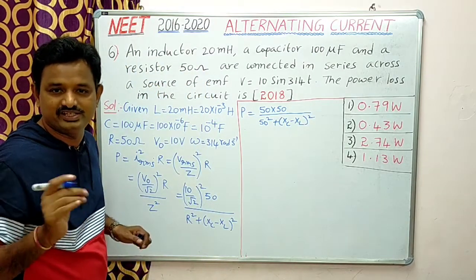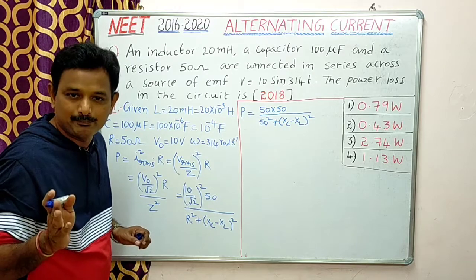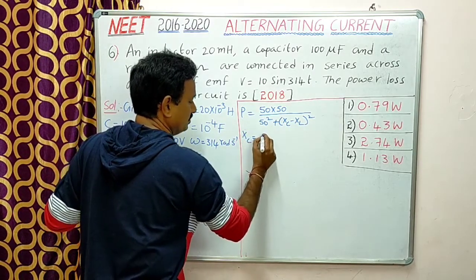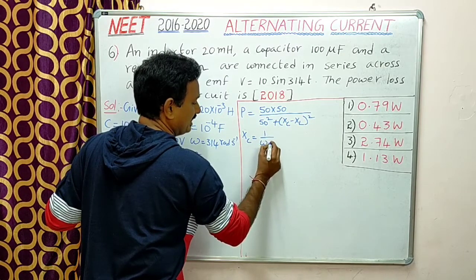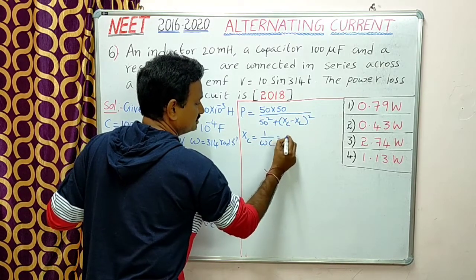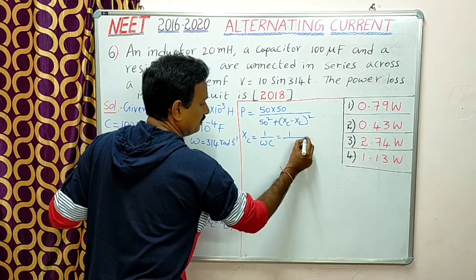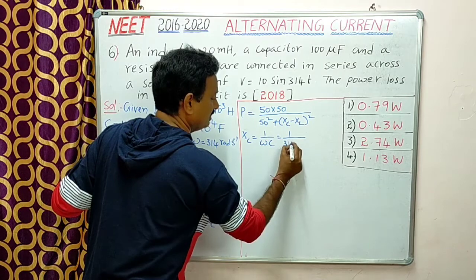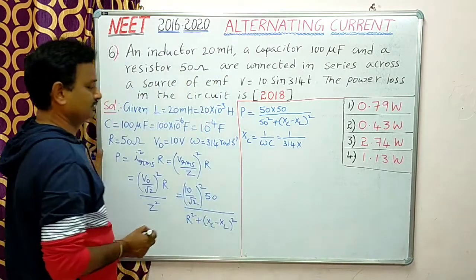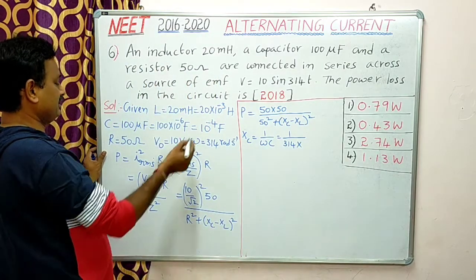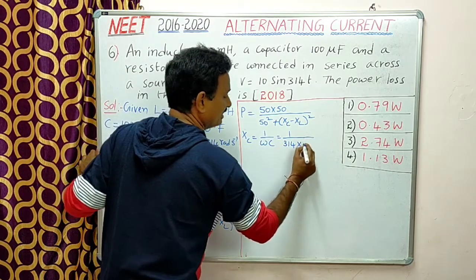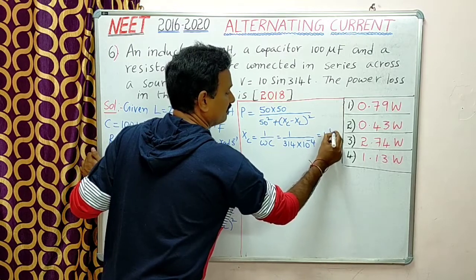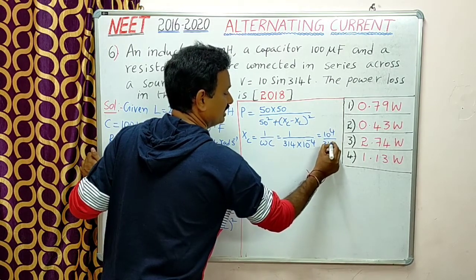First I will find X_C here. X_C means capacitive reactance. See, X_C is equal to 1 by omega into C. That is equal to 1 by 314 into C. C means here 10 power minus 4 farad. Okay, that is equal to 10 power 4 by 314.